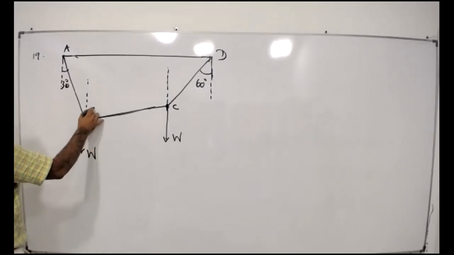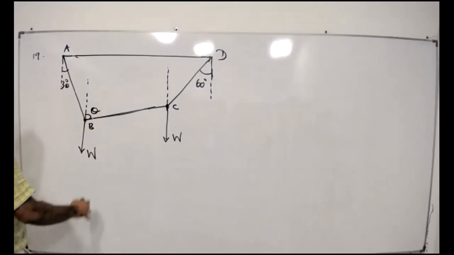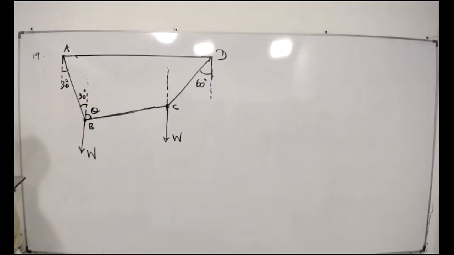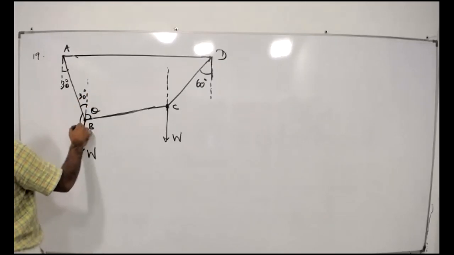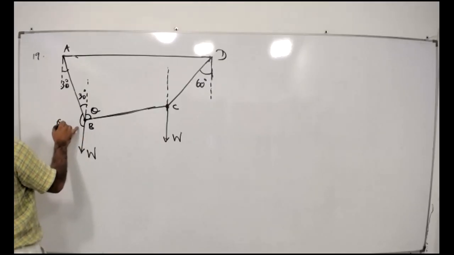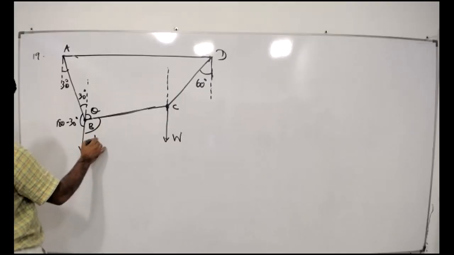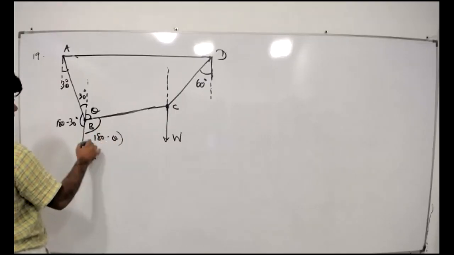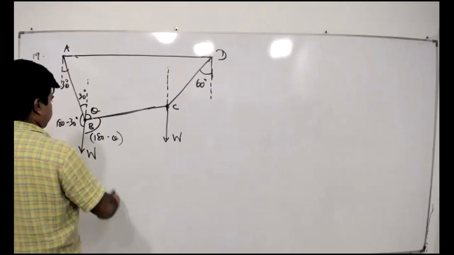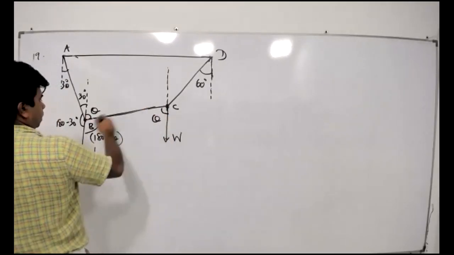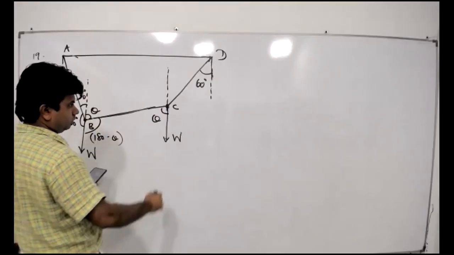Now I will take this angle to the vertical as theta. Therefore, this angle is 30 degrees. So you know that this angle is actually 180 minus 30, and this angle also 180 minus theta. If this is theta, this angle also theta because they are alternate angles.